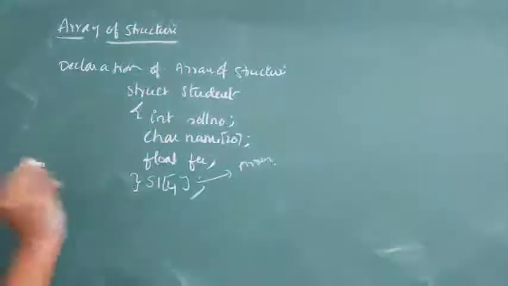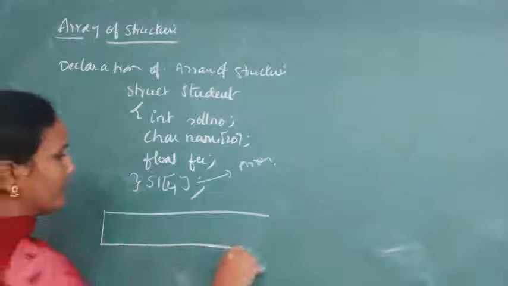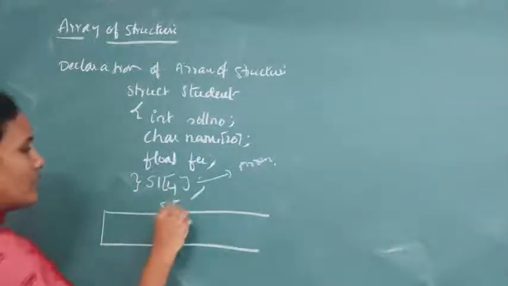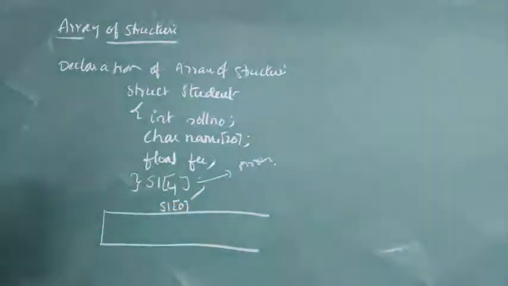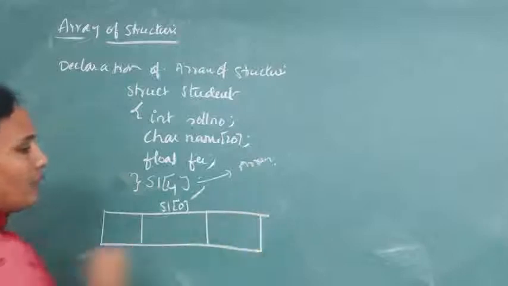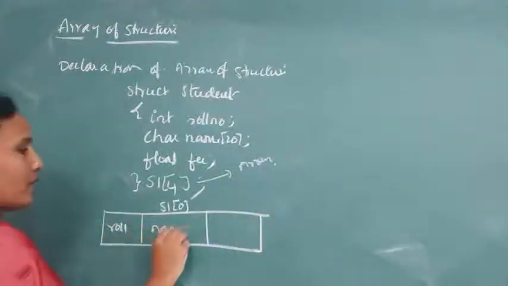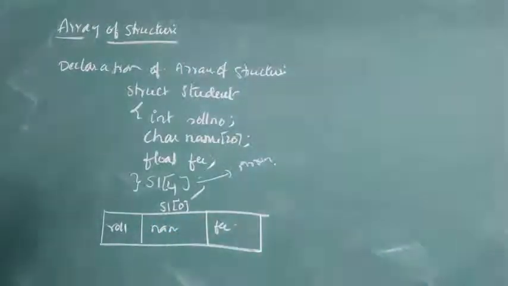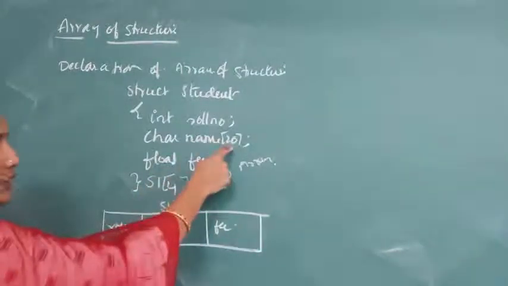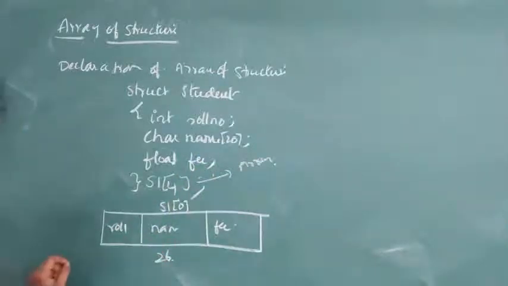So when you use the structure array, first this is S1[0]. First student record: roll number, next name, fee. Okay, roll number, name, fee. For one student, how much are we giving? 2 bytes, 20 bytes and 4 bytes. 26 bytes we are giving for the first student.